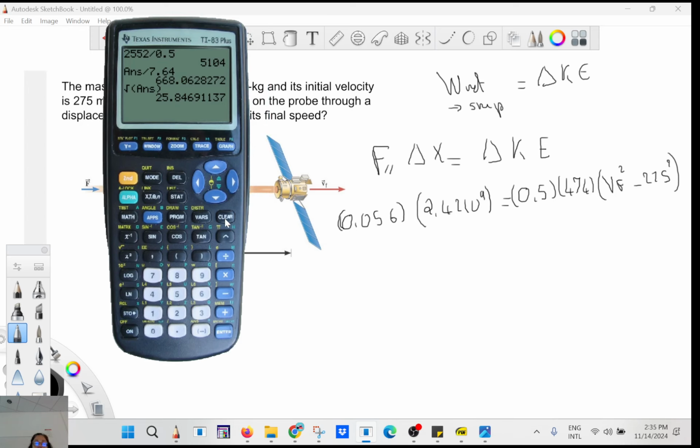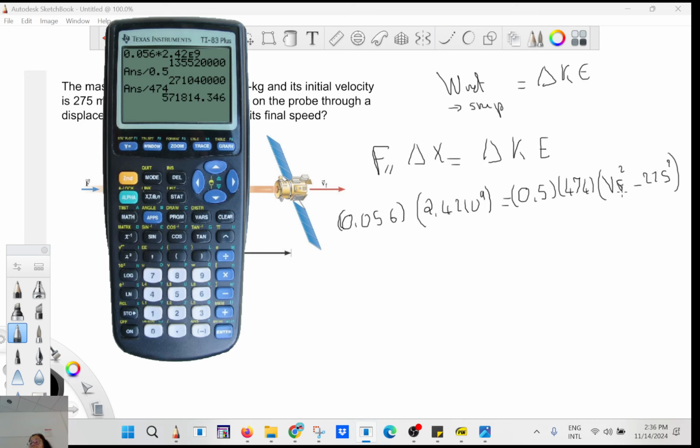So when you have to do something like this, you start from here, right? You can do it with me, or you can do it on your own. Times that thing here, so 2.42 times 10, power of 10, that will be second, comma, 9. Okay, enter. This one on the other side, so you divide by 0.5, enter. This one on the other side, so divide by 474, enter.